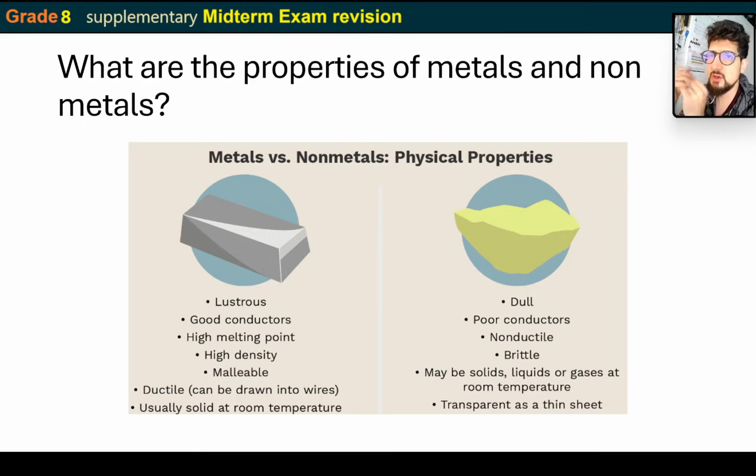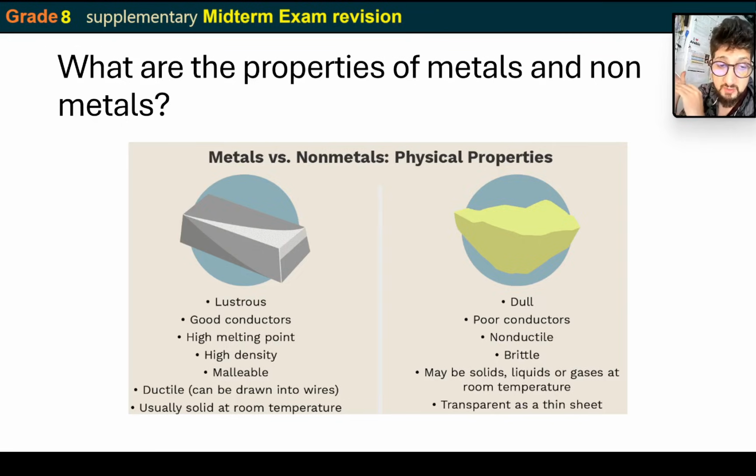Things like noble gases are gases. Fluorine, chlorine and bromine are all gases at room temperature. Metals tend to be solids with a high melting point. What that means is they don't melt until the temperature is really, really high, whereas non-metals melt quite easily.